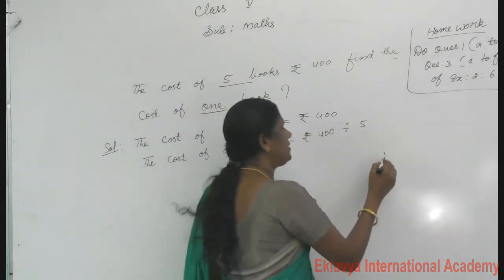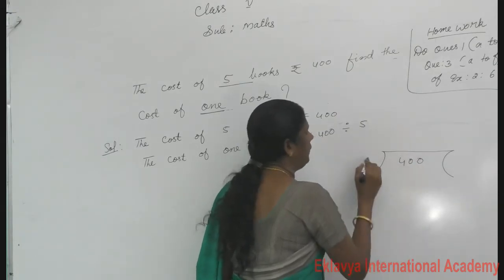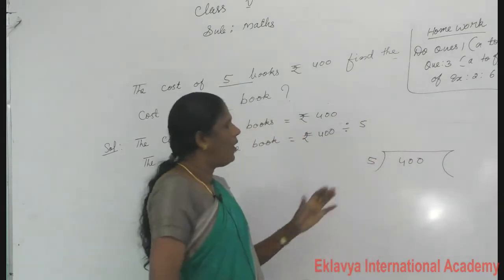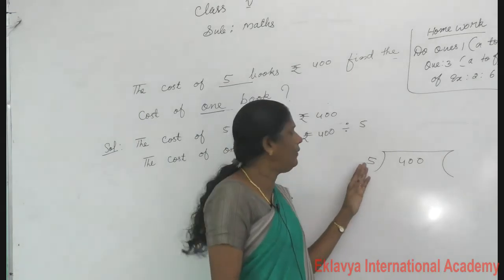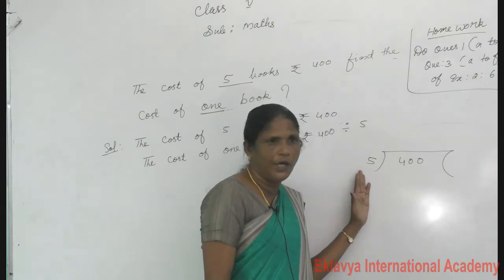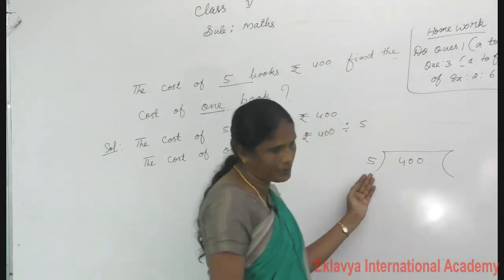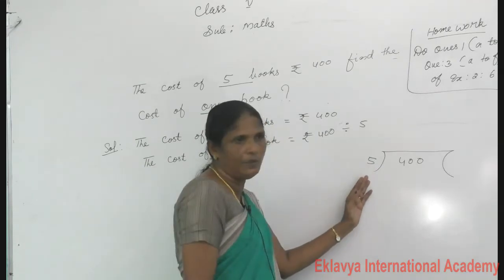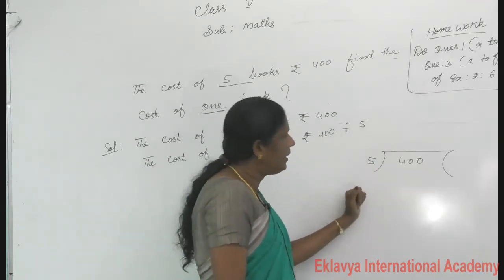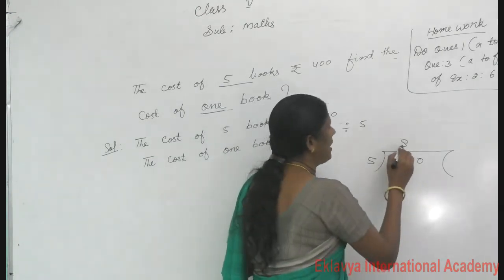You divide 400 by 5. How many times does 5 go in 40? Say the table: 5 1s are 5, 5 2s are 10, 5 3s are 15, 5 4s are 20, 5 5s are 25, 5 6s are 30, 5 7s are 35, 5 8s are 40. 8 times.